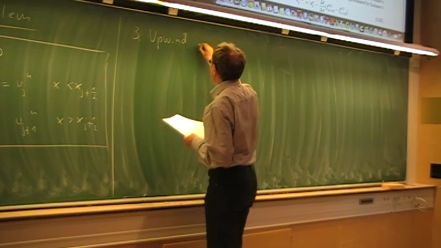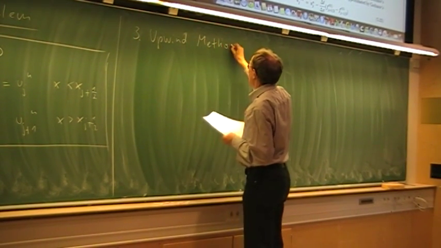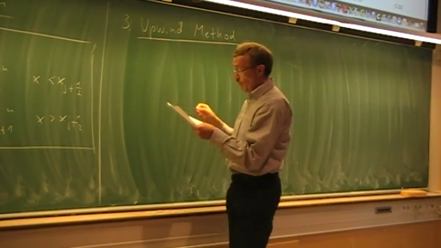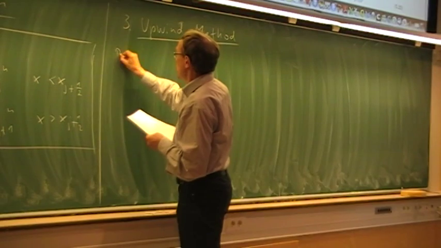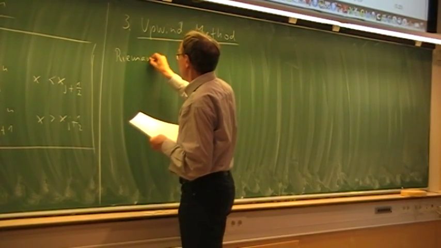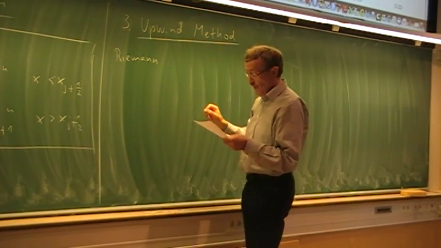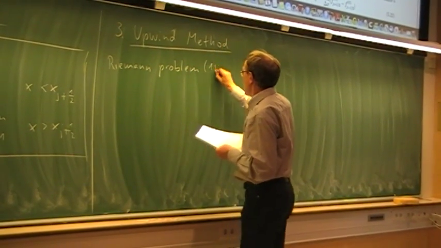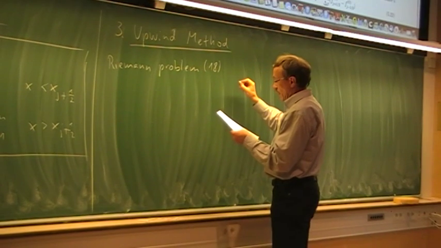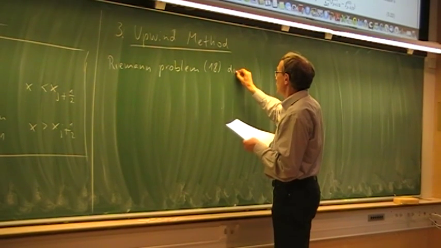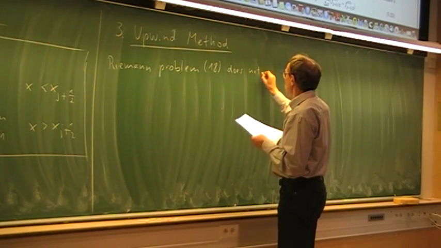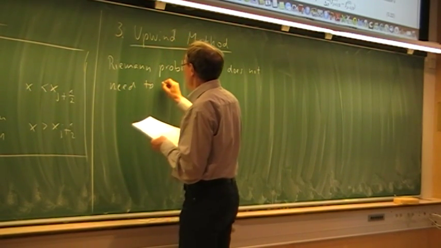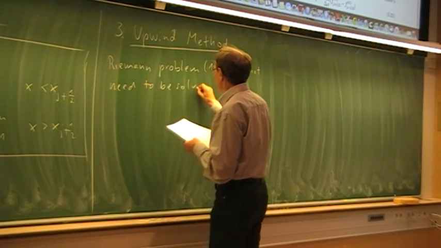So the upwind method. We can say that the Riemann problem 18 that we have just looked at, that we actually need to solve exactly for the Godunov method, does not need to be solved exactly.